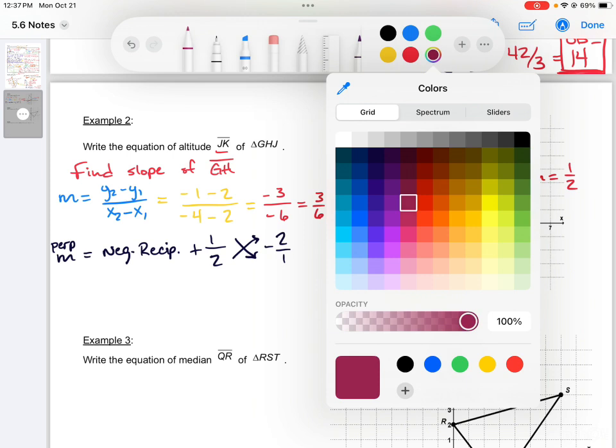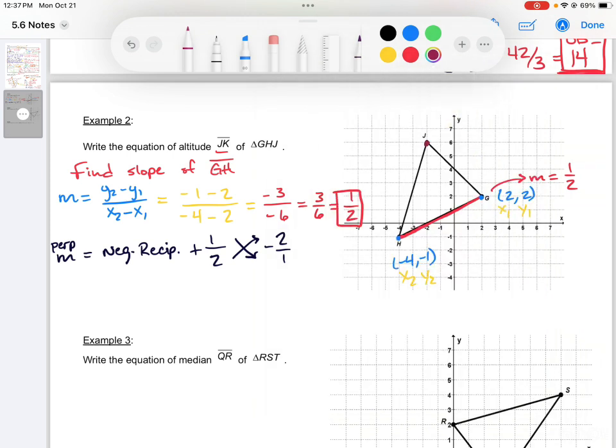And then for the final step, I'm going to start at point J. I'm going to use this perpendicular slope that I just found, and go down 2/1, down 2/1, down 2/1, and at that point, I have crossed through GH, and I can connect those lines and know that they are perpendicular. This is perpendicular to that line.